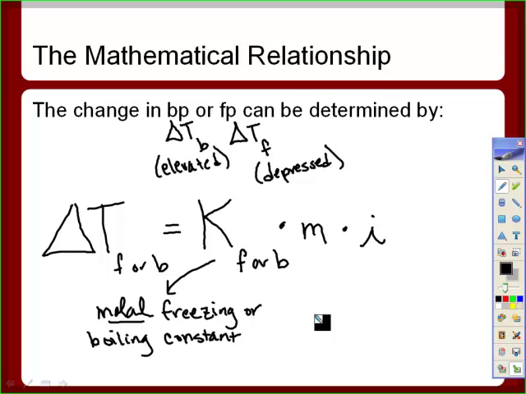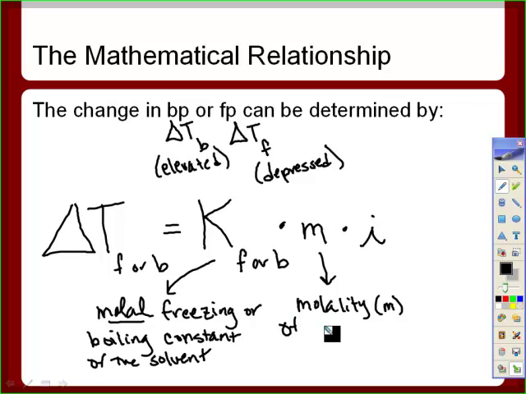By the way, the molal freezing or boiling constant is for the solvent, whether that be water or some other solvent that you're using. Small m is the molality of the solute, so the concentration of the solute in molality. And then, of course, i is that Van't Hoff factor that we were discussing yesterday.